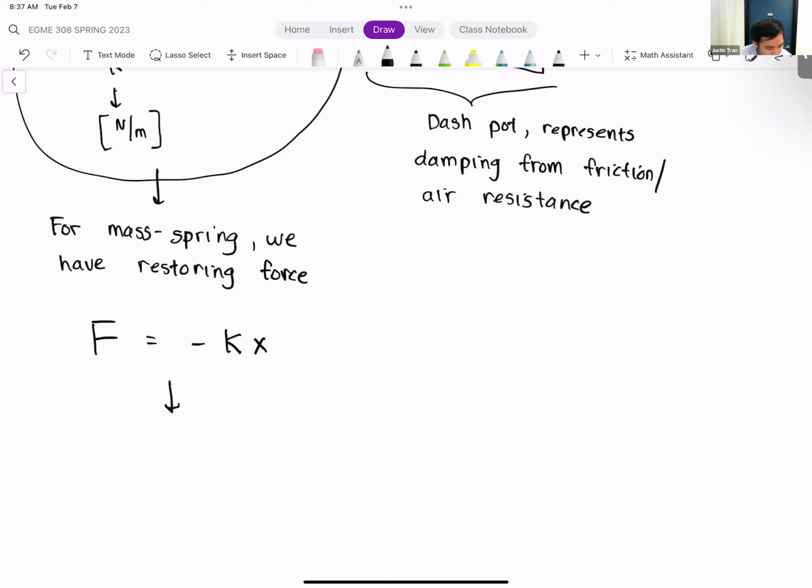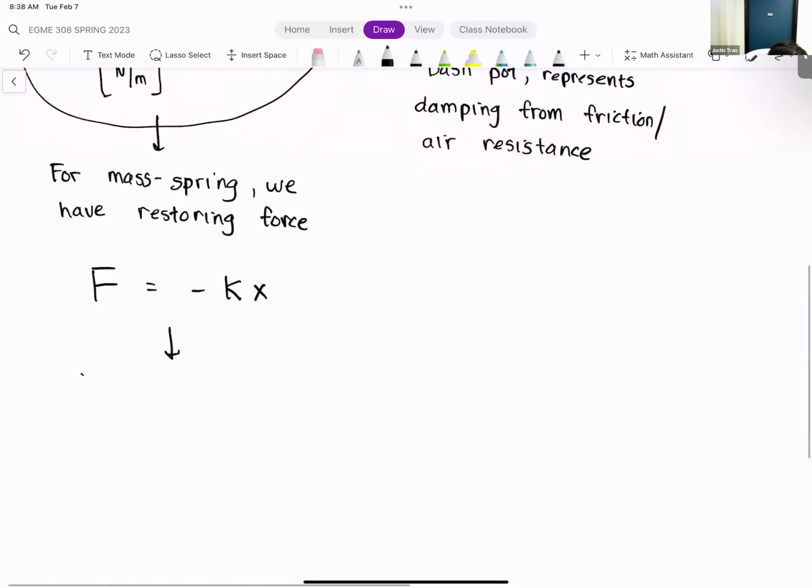So that's the restoring force that we're working with. If we equate this to Newton's laws of motion, we know that the sum of the forces on an object is equal to its mass times acceleration. If you draw a free-body diagram around the mass, you'll see that the only force being applied to it is the spring force.